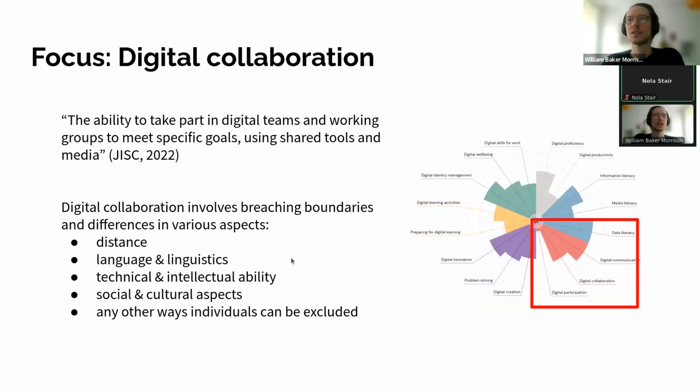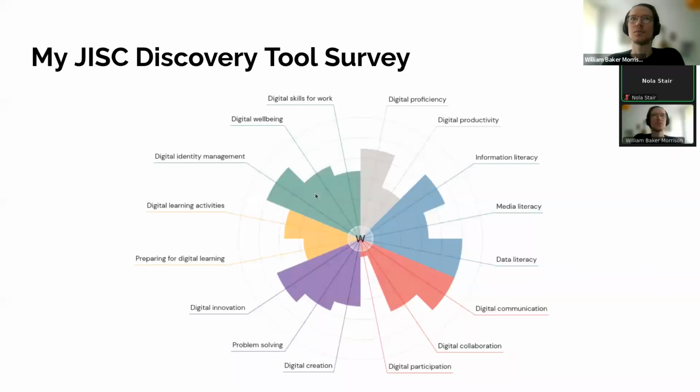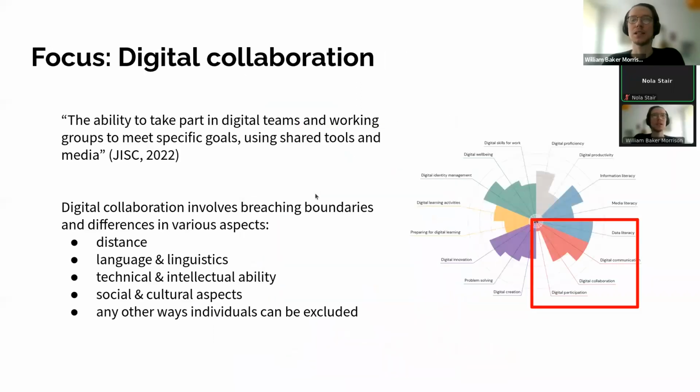I decided to focus on this bottom quadrant, specifically digital collaboration, as one of the aspects of the digital capabilities framework. So let's describe what digital collaboration is, and then think about how this fits into the context of the tool that I'll be exploring.